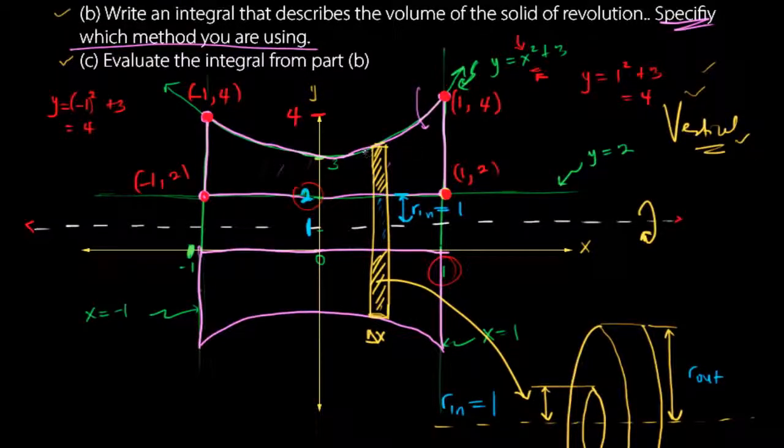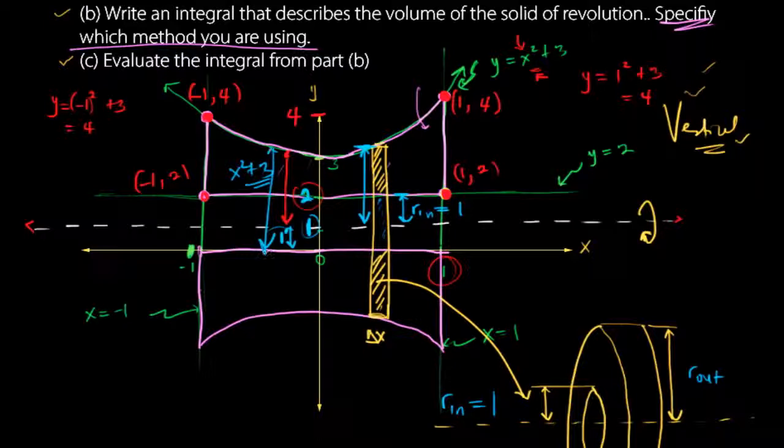Now how do I find the outer radius? I want to find from here to here. What you'd observe is that the graph itself, from here to the x-axis, is x squared plus 3. But the distance from here to here is 1, and what we are interested in is from here to here.